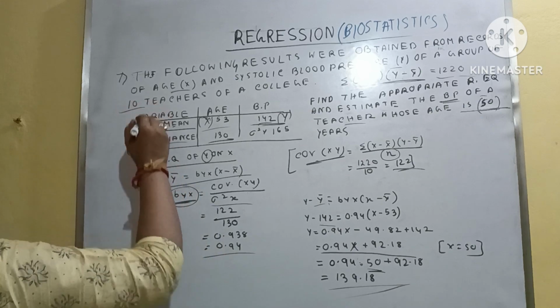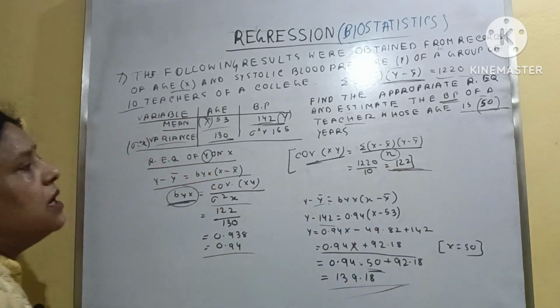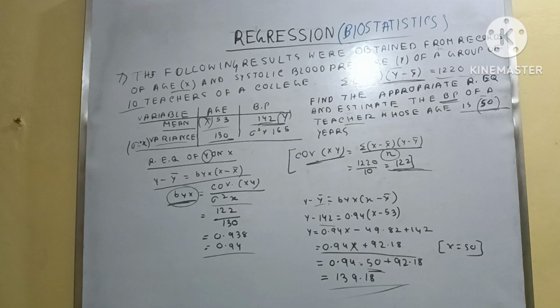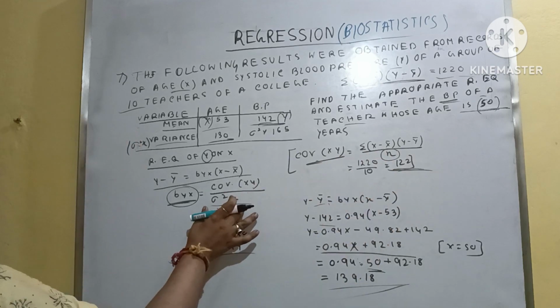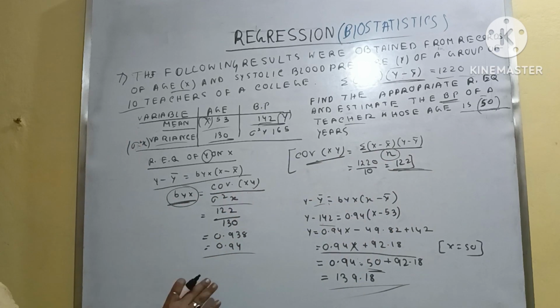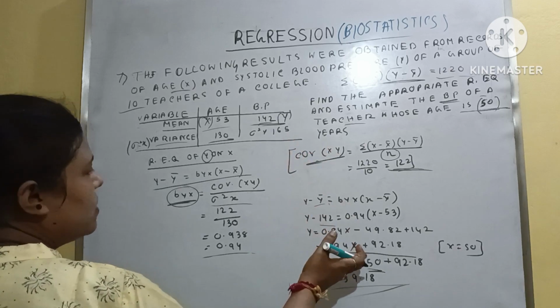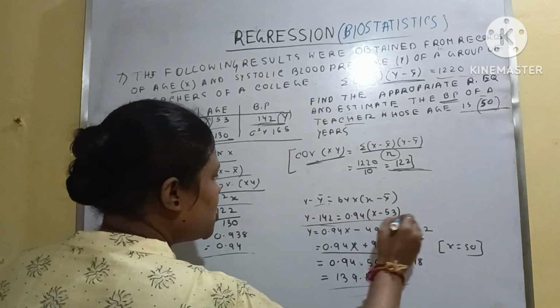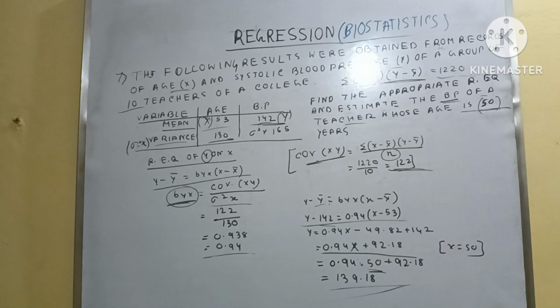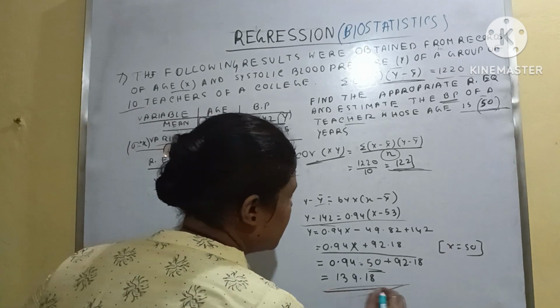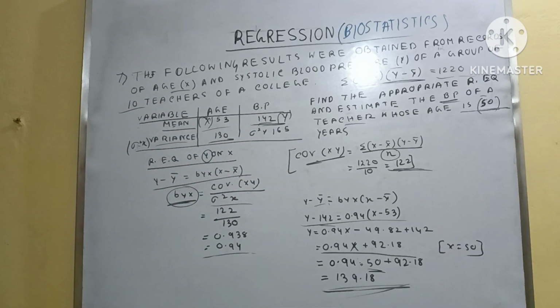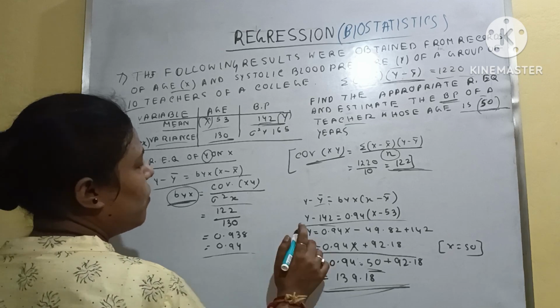Putting this value in the equation, we got the value 139. Suppose this one is the actual value of y.